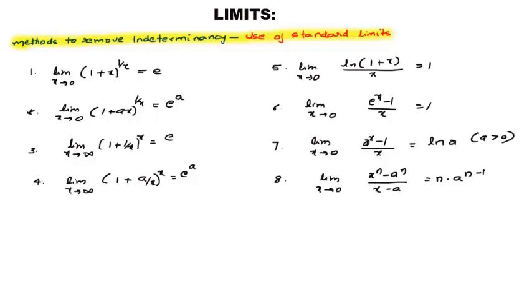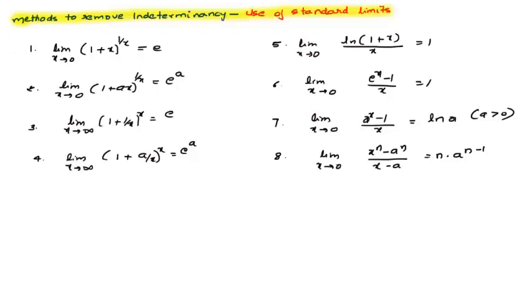Now moving on from here, like we did in trigonometric limits type 2, these will be now type 2. In type 2, first one, let's say in place of x we have f of x.